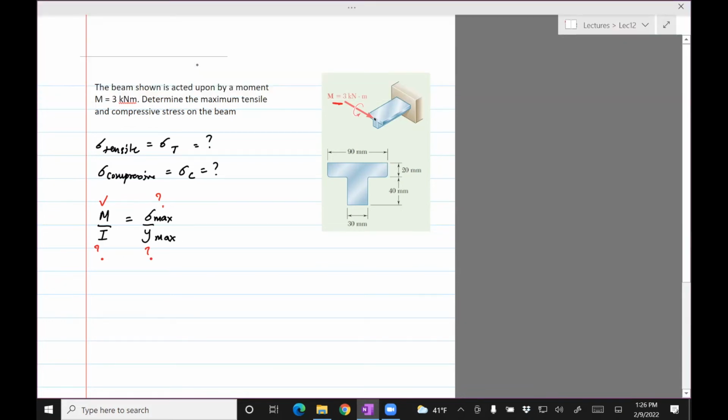Two of those unknown things are based purely on geometry. So I is based on geometry, Y is based on geometry, and we are given the geometry of the T section. So we can use the information from that figure to figure out both those things.